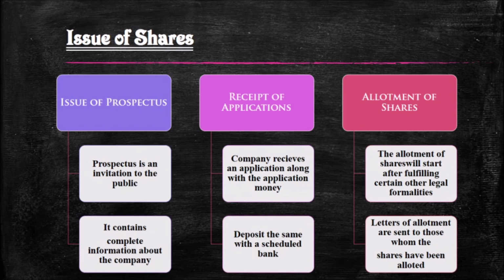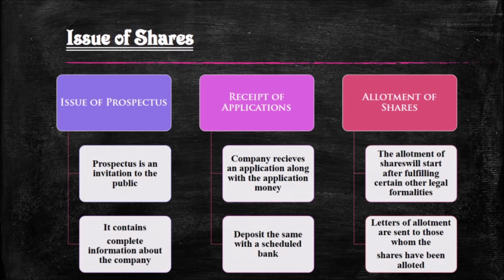Sometimes, after receiving the minimum subscription of rupees 2, the remaining 8 rupees will be collected with the allotment or in other installments. If they are collecting rupees 5 out of 10, with 2 already collected, then at the time of allotment the money will be 10,000 into 5. We have to write a journal entry for that also.